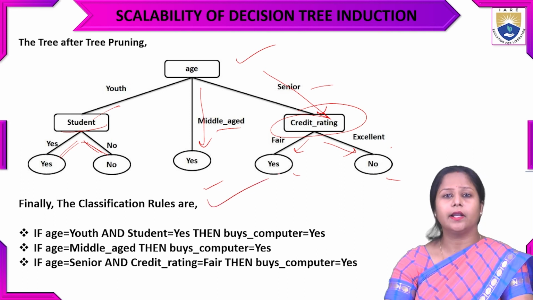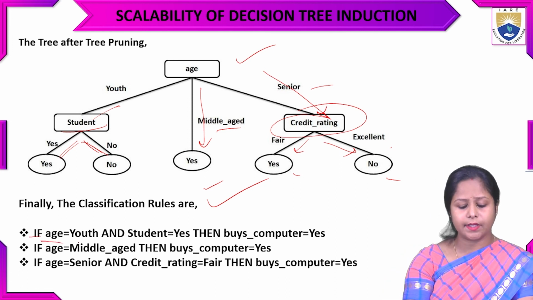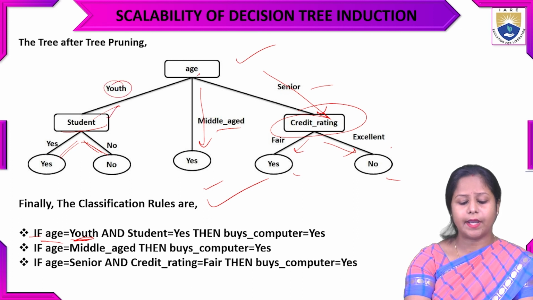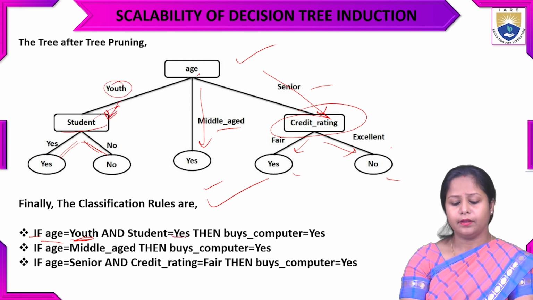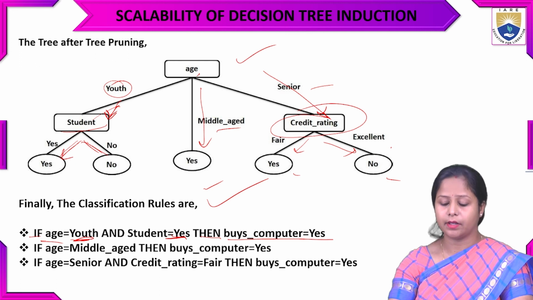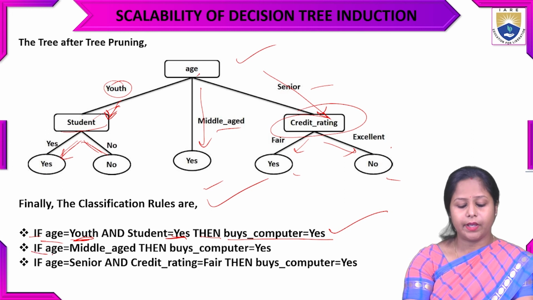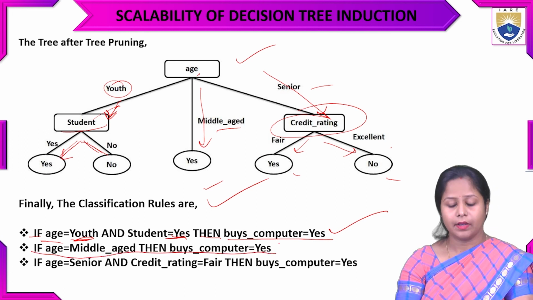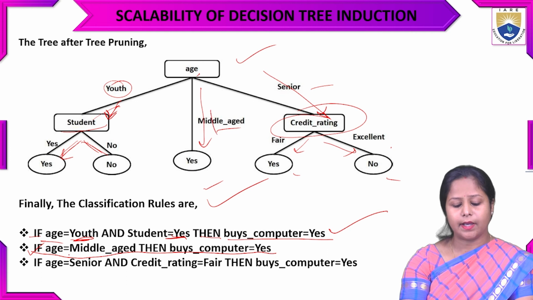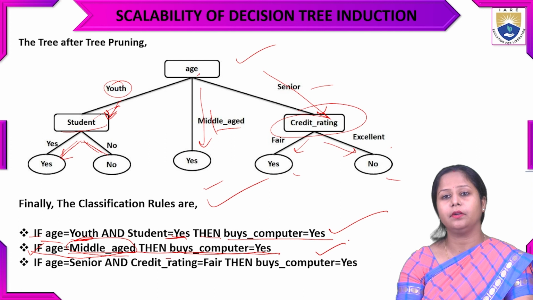So finally, the classification rules we will get from this will have: if age is equal to youth, and also the student is equal to yes, right? Then he is going to buy the computer for sure. So this was the prediction we have got from the decision tree. If the age is equal to middle aged, then he is going to buy the computer, right?